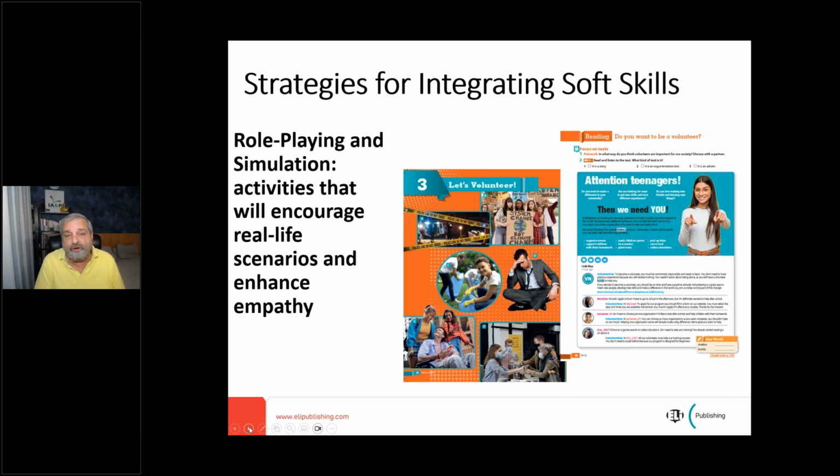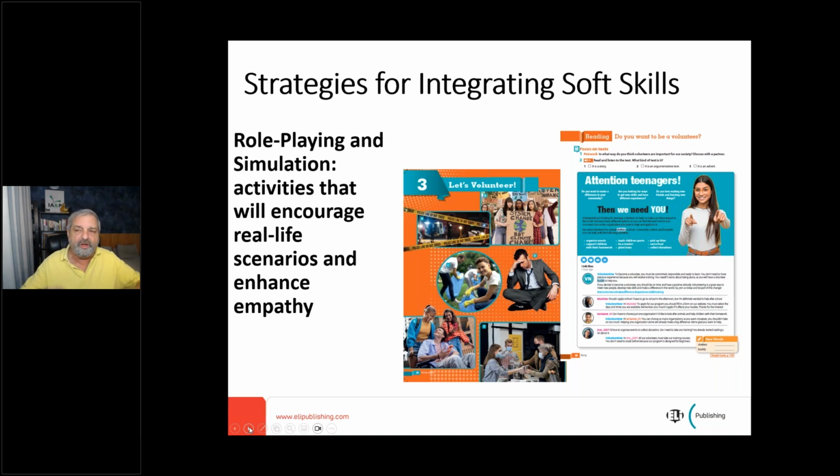Now, the best way we can do this is simulations and role-playing activities using real-life scenarios. Most students come to class with a background. It could be the culture is different from their other classmates, or you can have them put themselves in the position of maybe their parents, because more likely their parents might have different backgrounds.